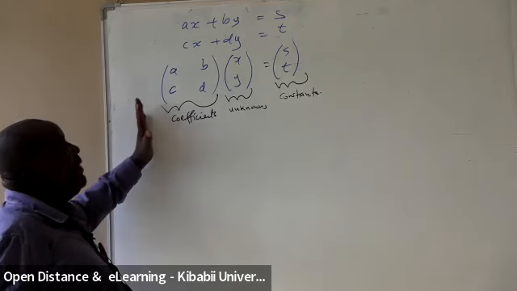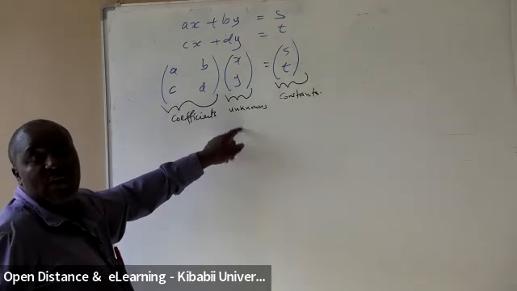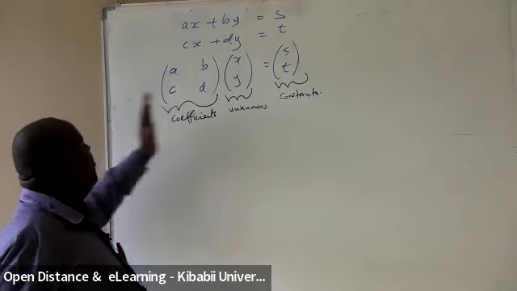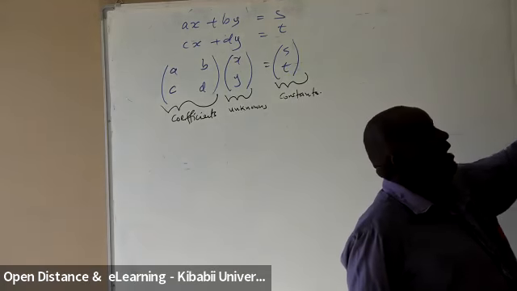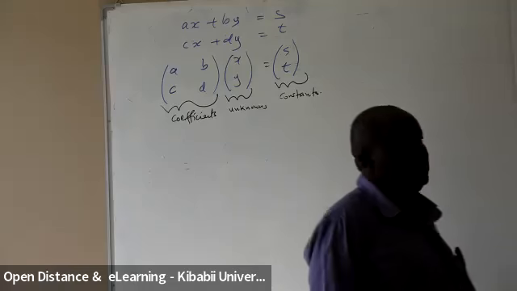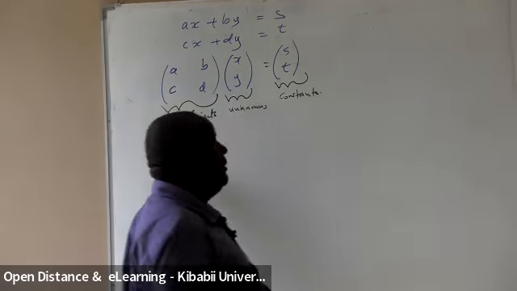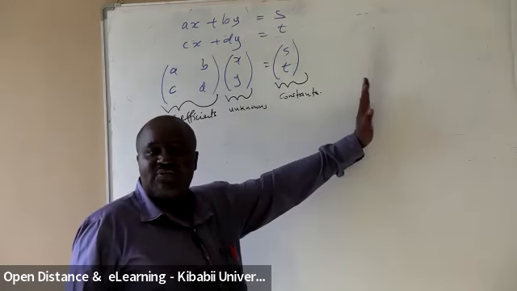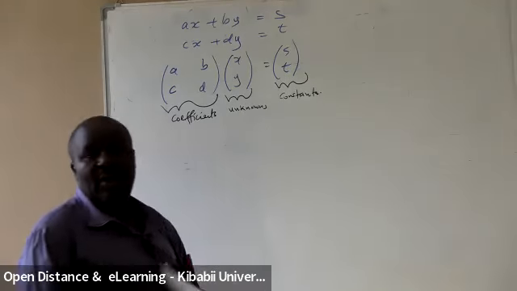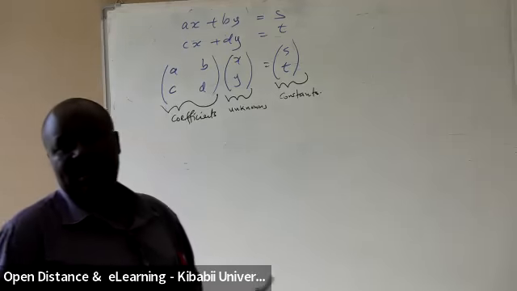Because A inverse is equal to A inverse, that is the relation. So if we do that, there will be the unknowns and the constants that give us the result.